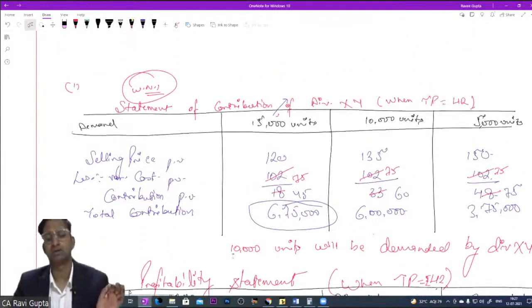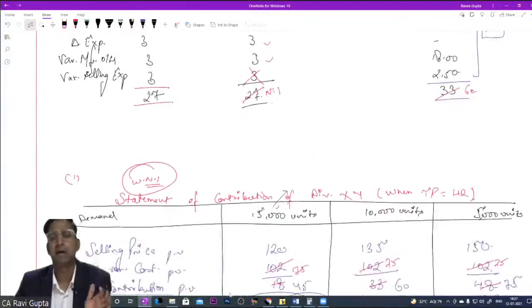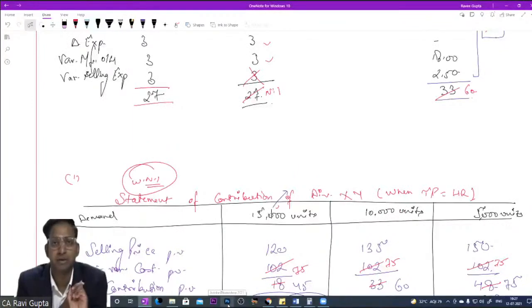So the conclusion is that we need to prepare this statement again. Understand the impact when there is a change in contribution per unit, and also the number of units is different. The volume is changing, and the contribution per unit is also changing. So definitely we need to prepare a statement separately to understand at what level we will be achieving higher contribution.